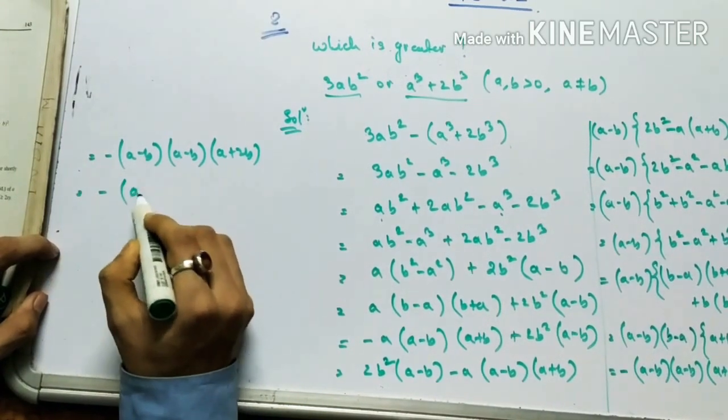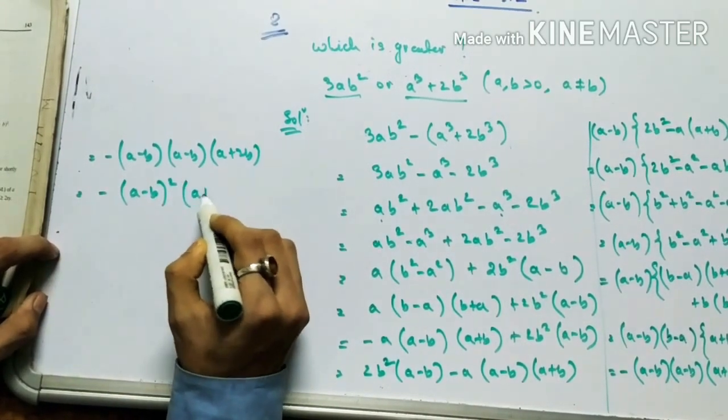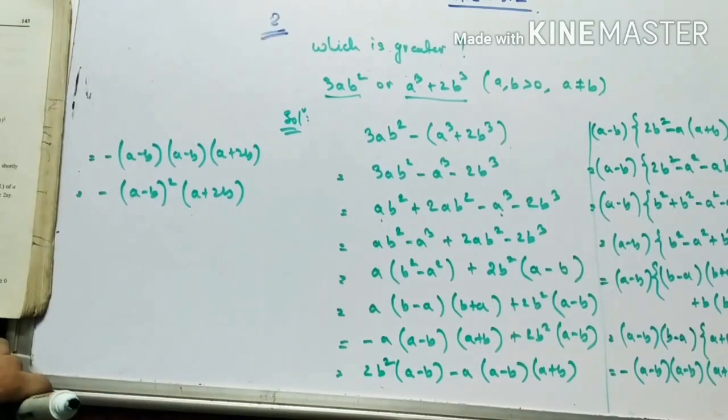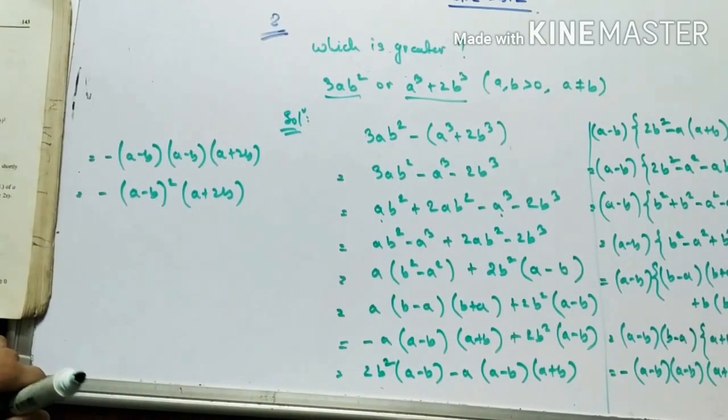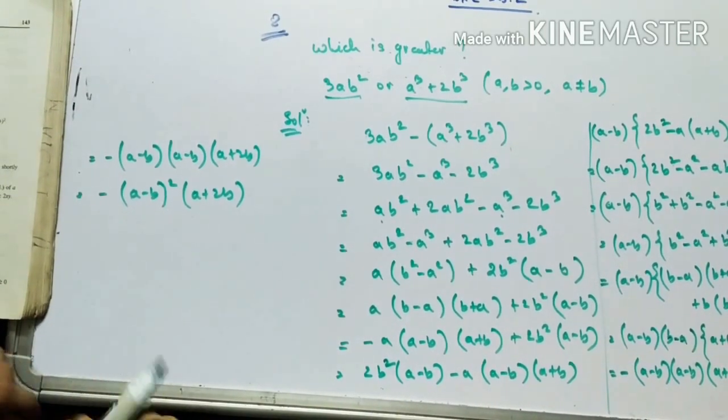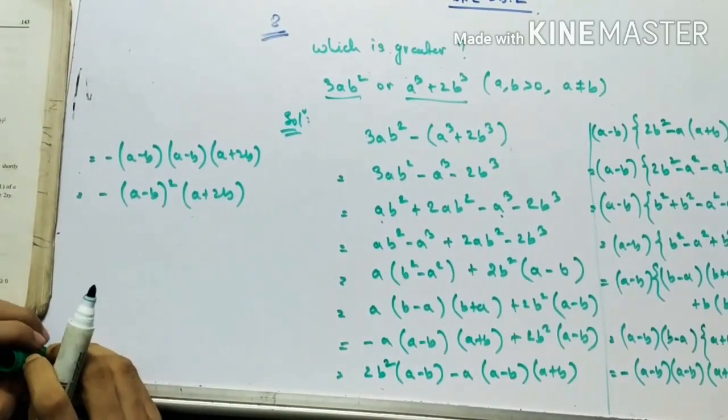So this is minus a minus b the whole square, a plus twice b. This one I got.